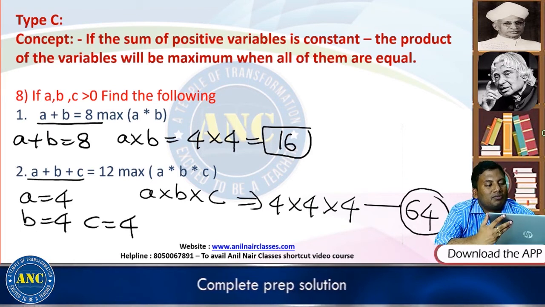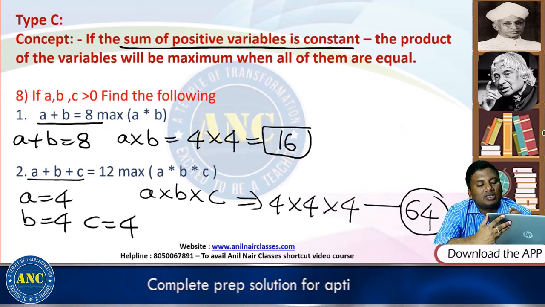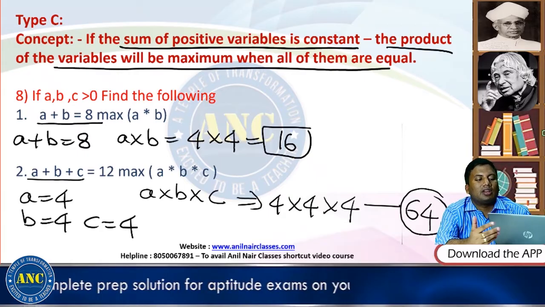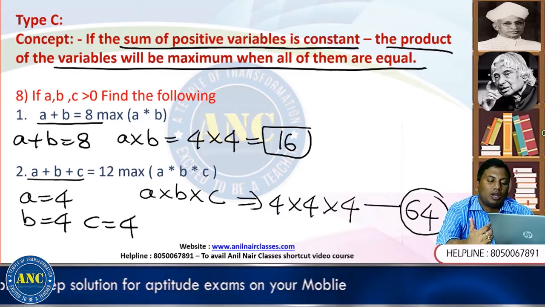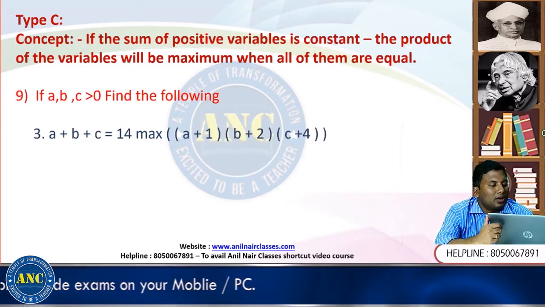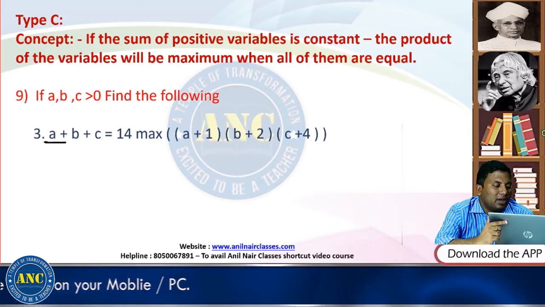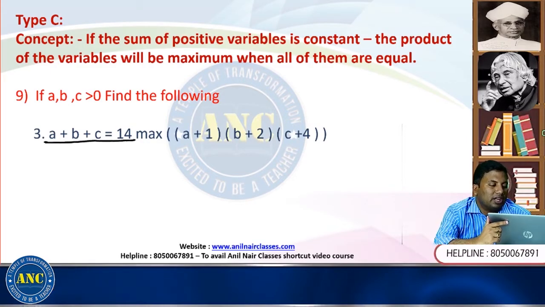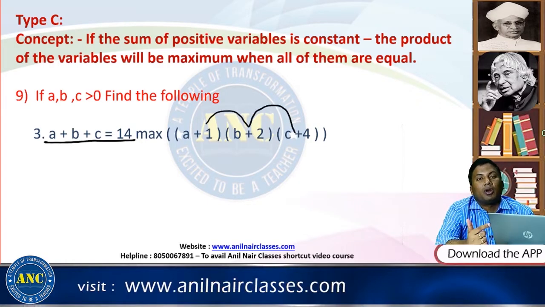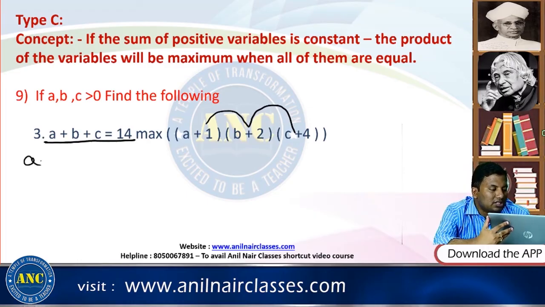If the sum of the positive variables is constant, the product will be maximum only when all the variables are equal. Now see a small twist. A plus B plus C is 14. He is asking the product of (A plus 1), (B plus 2), (C plus 4). The product will be maximum only when the sum of these three variables is constant.